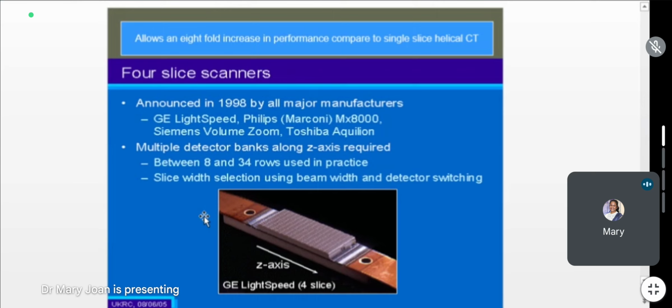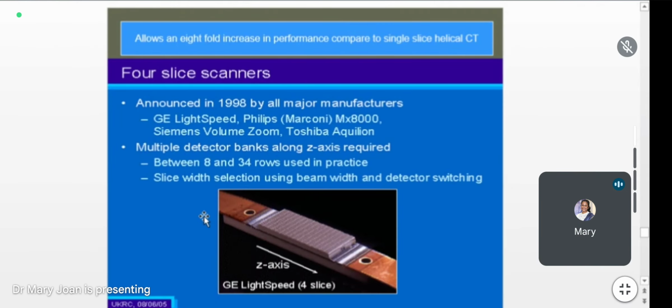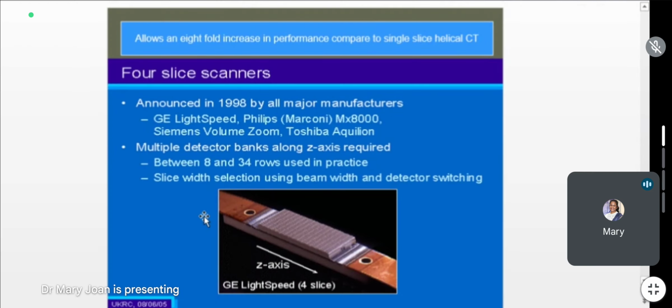It allows an eightfold increase in performance compared to single slice helical CT, and all major manufacturers brought this out. Multiple detector banks along the z-axis are required, and between 8 and 34 rows are used in practice, with slice width selection using beam width and detector switching.